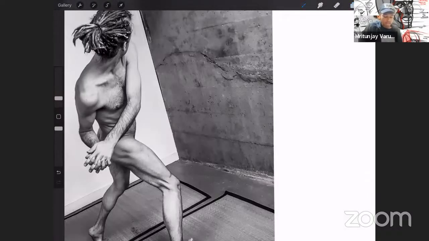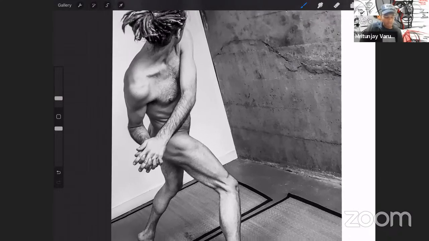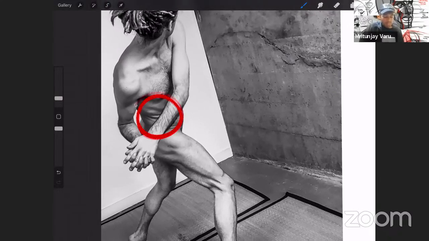So here we have another amazing photograph. Again, not a beginner one, but if you're a more advanced artist, for sure you can go for it. But look at the twist that is happening all over here.